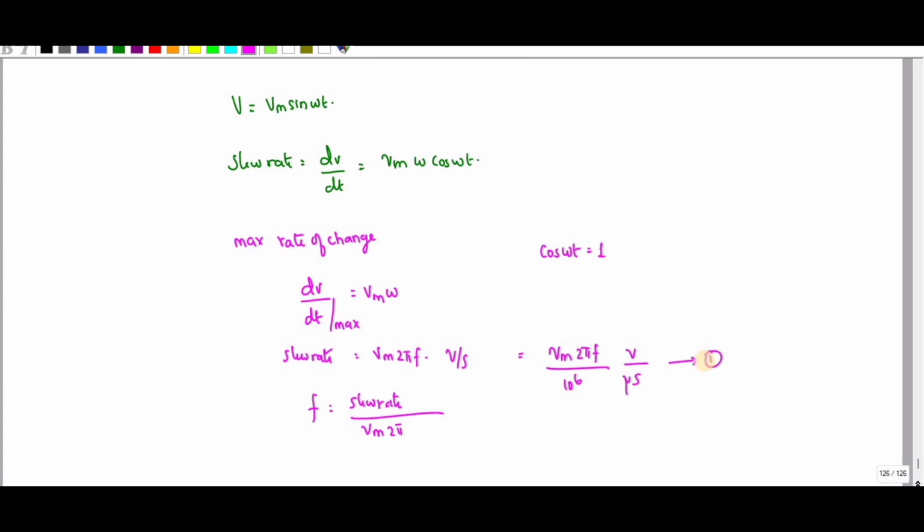The slew rate effect will happen only for large signals, in terms of volts.